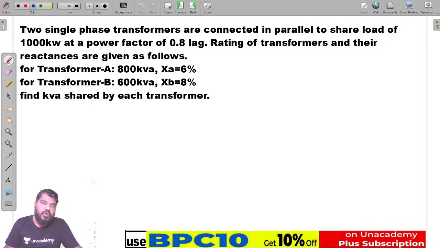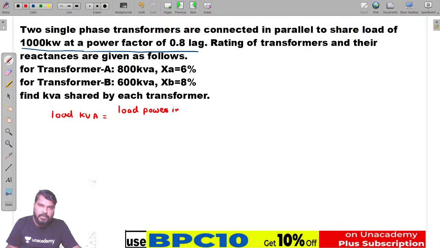First find the load kVA. Here power is given in kilowatts. Load kVA is equal to the load power in kilowatts divided by the power factor.